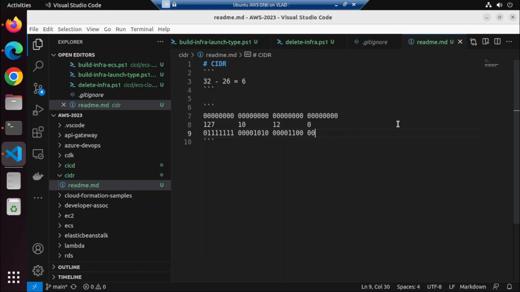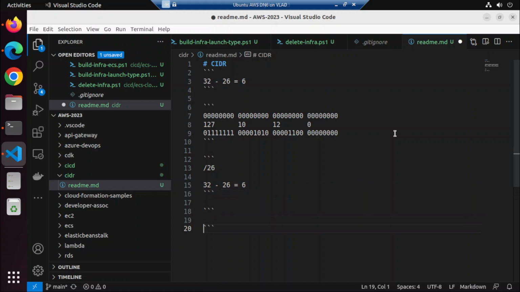So this one is 1, 2, 3, 4, 5, 6, 7, 8. So that's it. And then what happens to the /26 first? /26 is equal to 32 minus 26 equals 6.